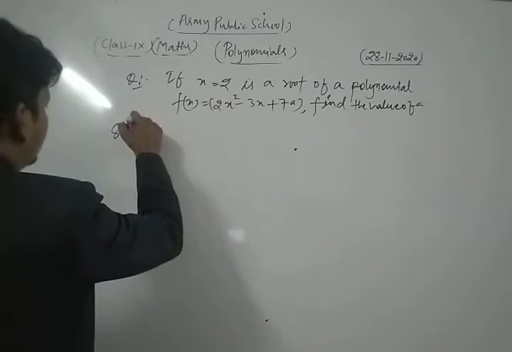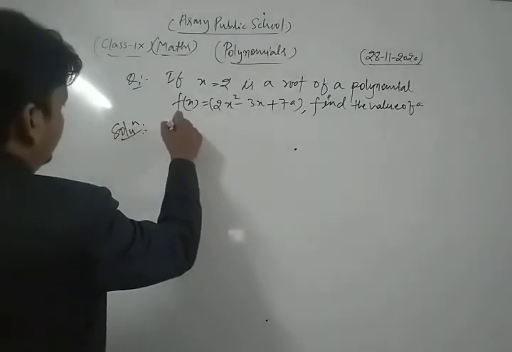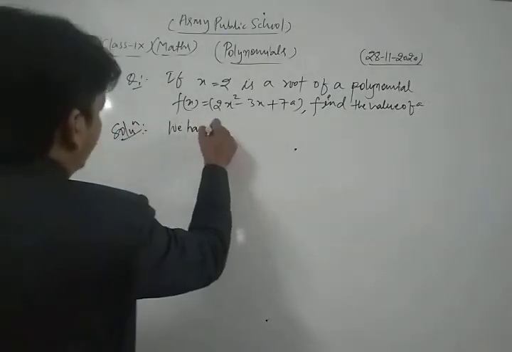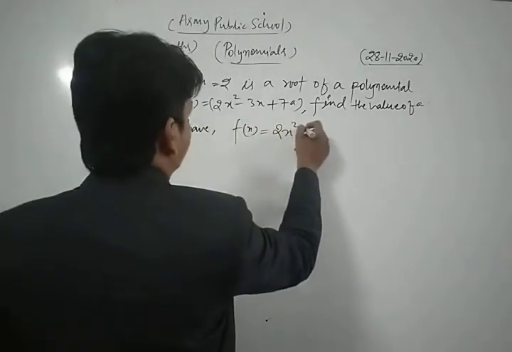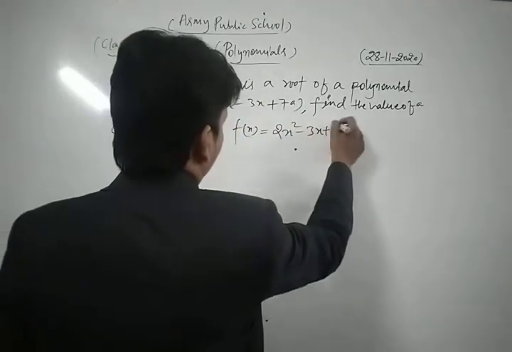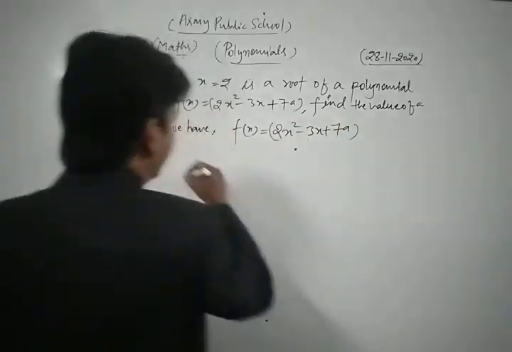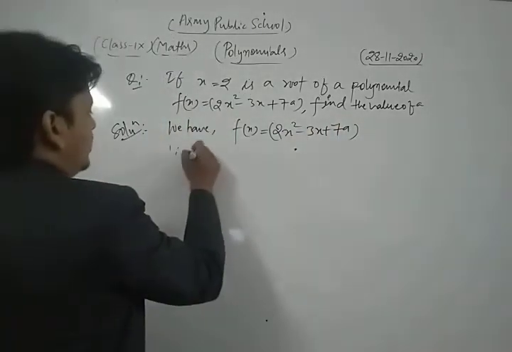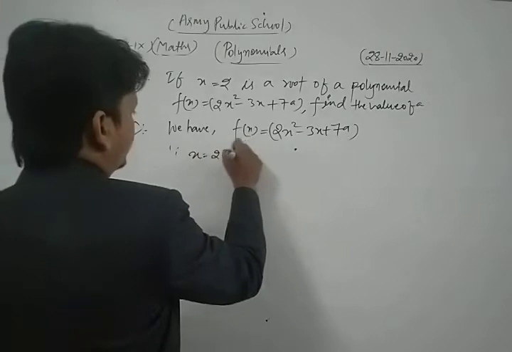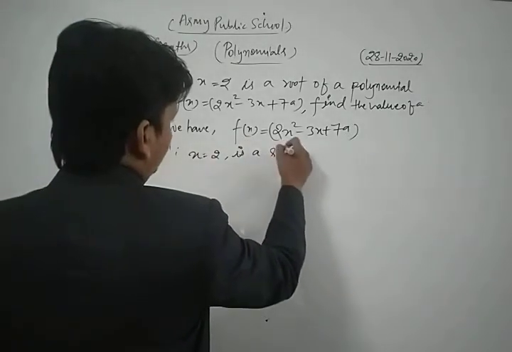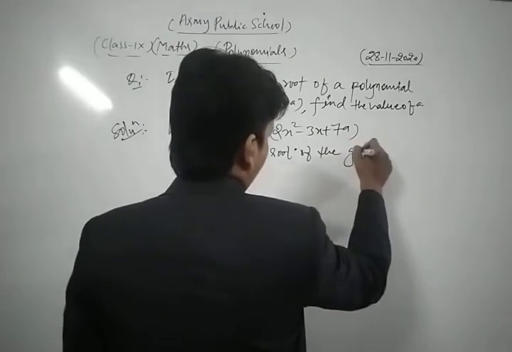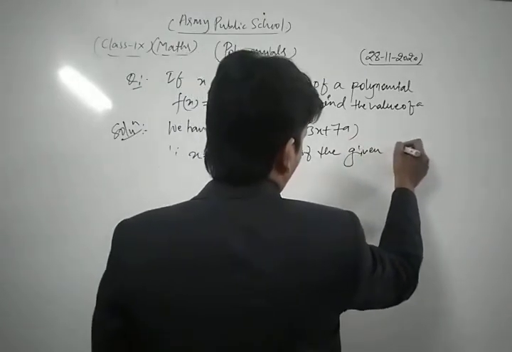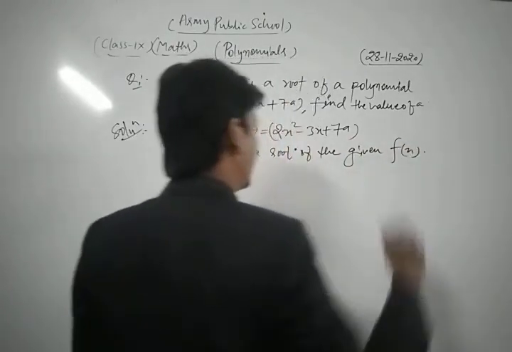First of all, we write the polynomial. We have the polynomial f of x is equal to 2x square minus 3x plus 7a. So we write in this way: since x is equal to 2 is a root of the given polynomial f of x.